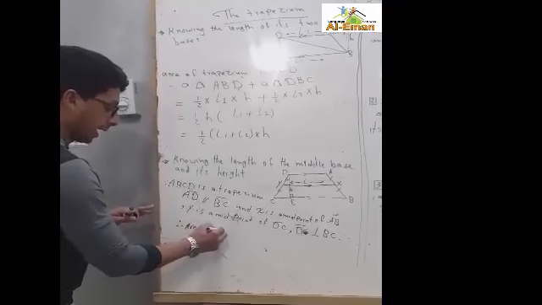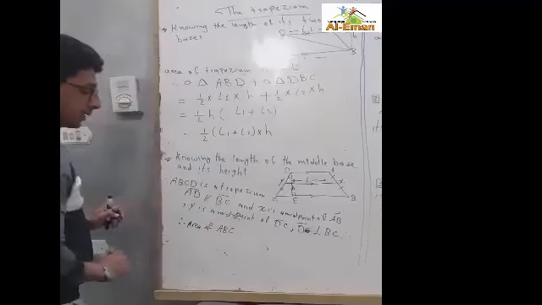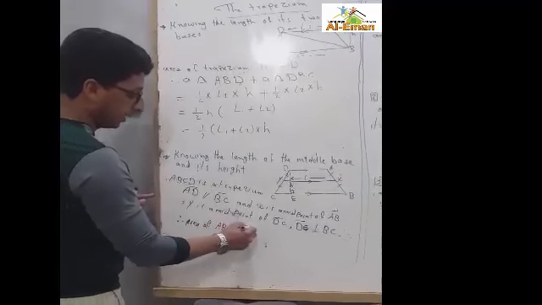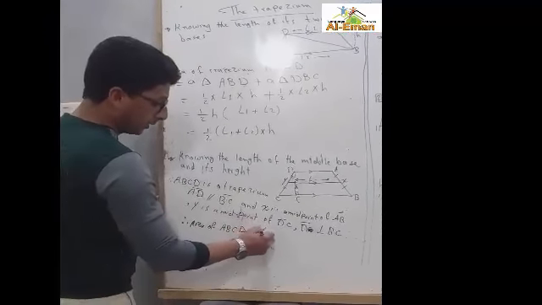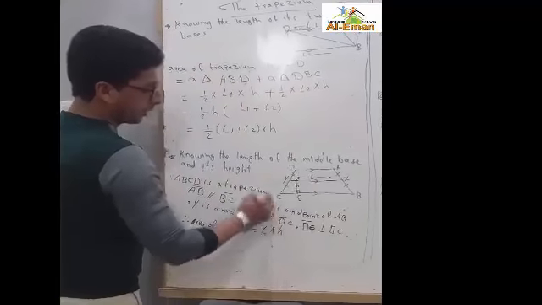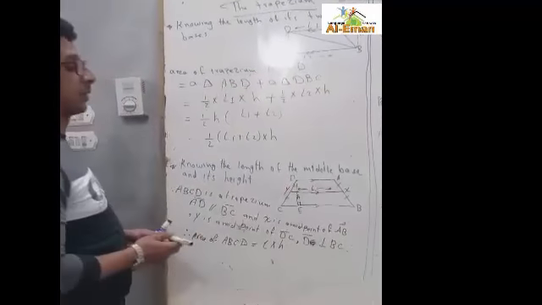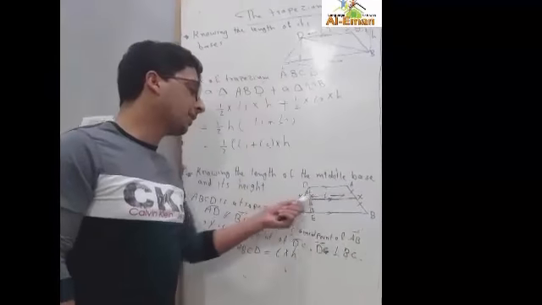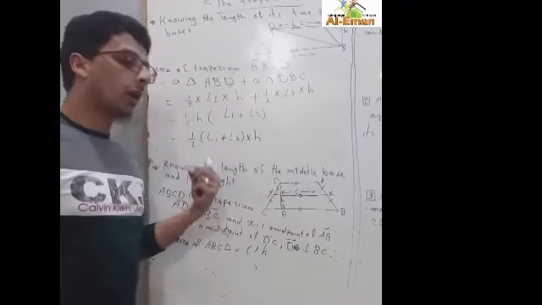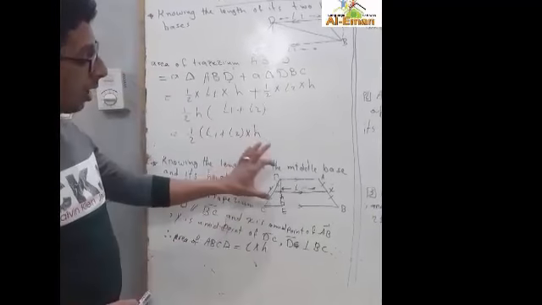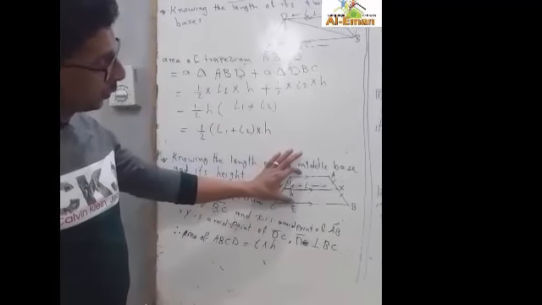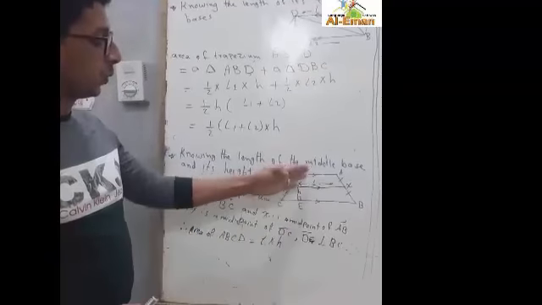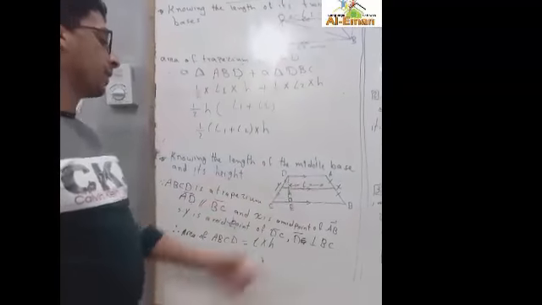Then the area of ABCD equals length times height, because the middle base equals half the sum of the two other bases, the small base and the great base.